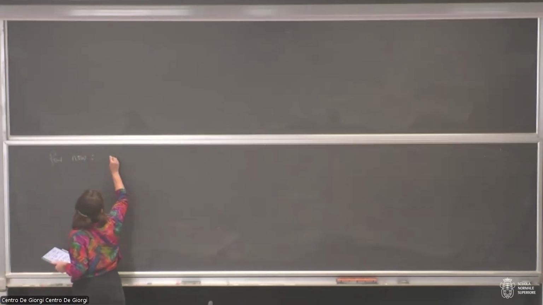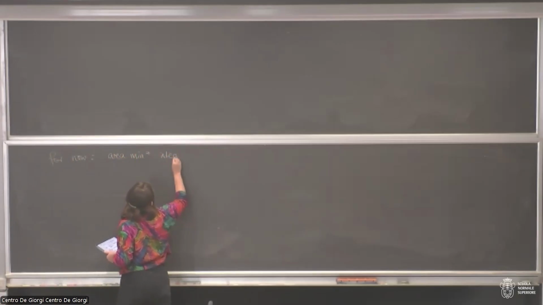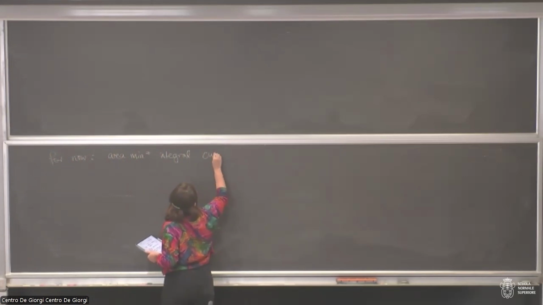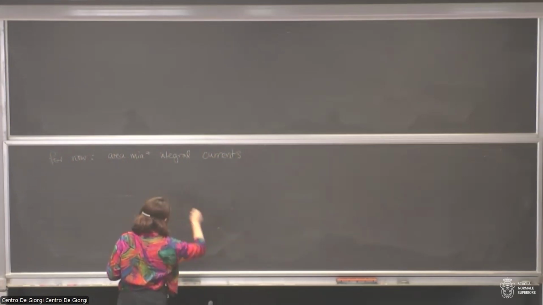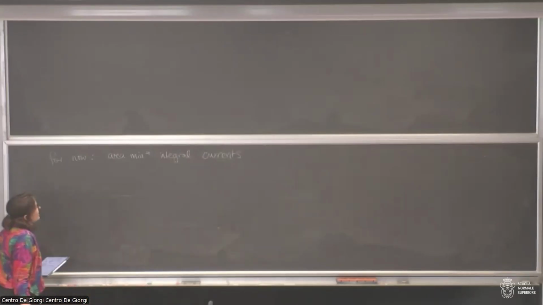So remember that for now our setting is area minimizing integral currents. I'll shortly digress to discuss a little bit also these mod Q ones that I mentioned briefly last time.